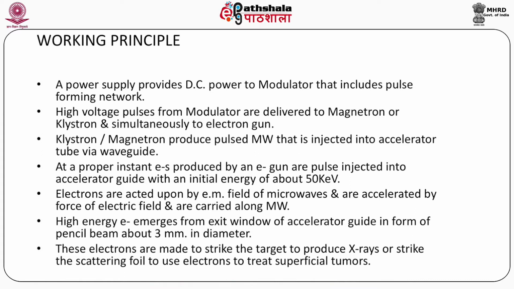While in the case of a linear accelerator, where electrons have energy in mega electron volt, when they strike a target, generally a tungsten target or lead target, they produce photons of high energy, but more than 99% of energy is converted into photons. Very small amount is converted into heat.